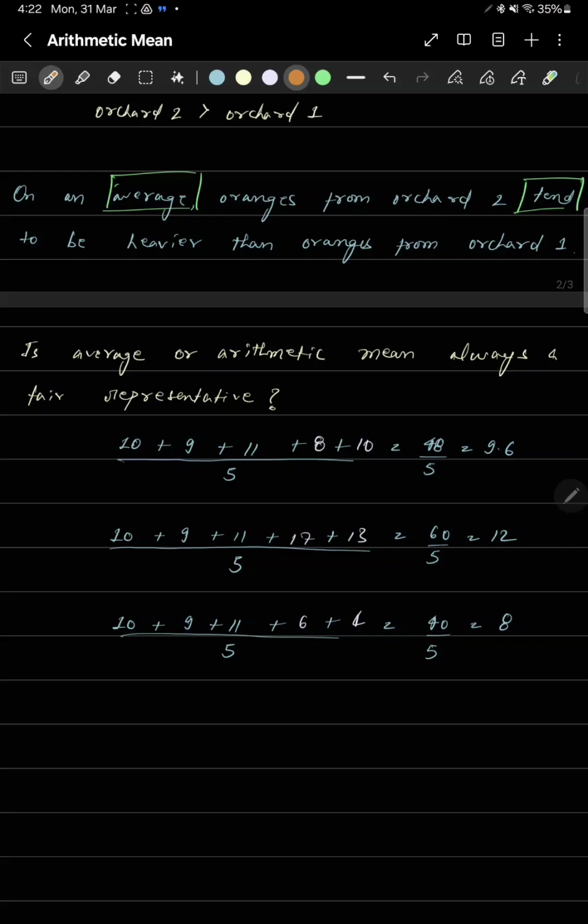So these 2 numbers, 17 and 13, we can call them outliers. I will explain what outliers mean, but a similar thing is happening here. By changing these 2 numbers, we are seeing that our arithmetic mean is also changing.